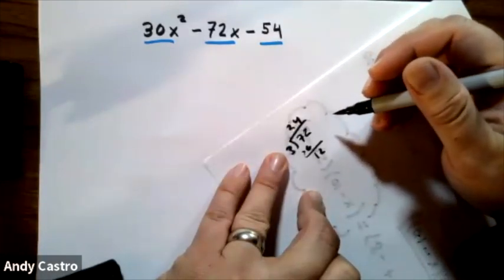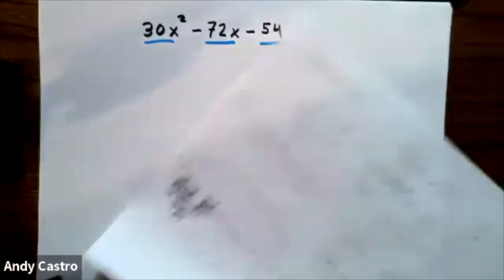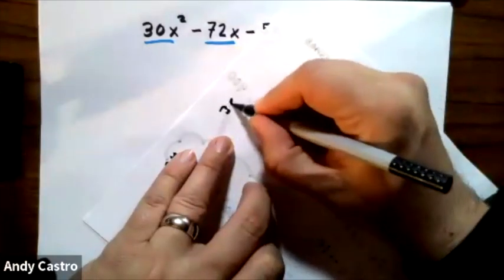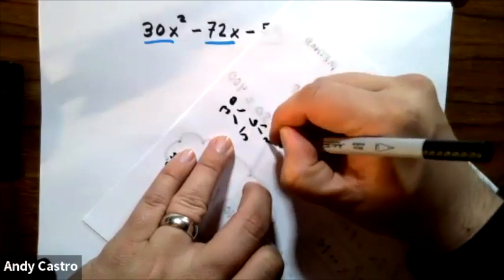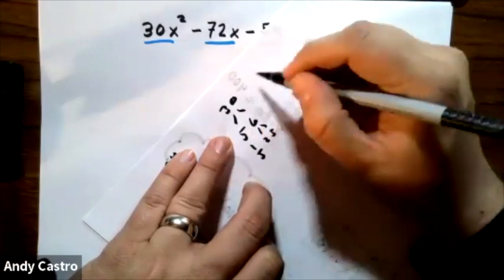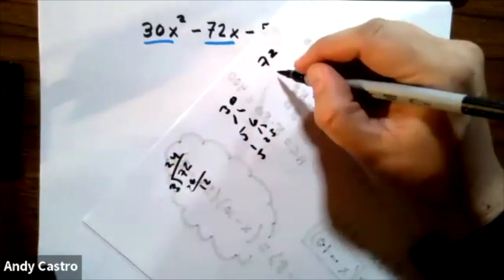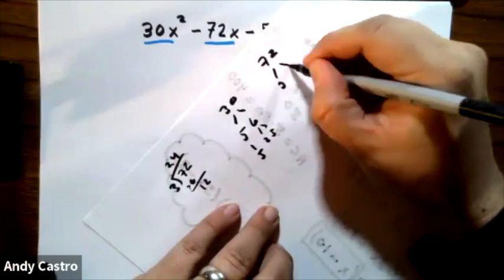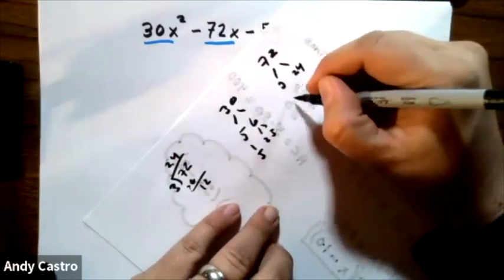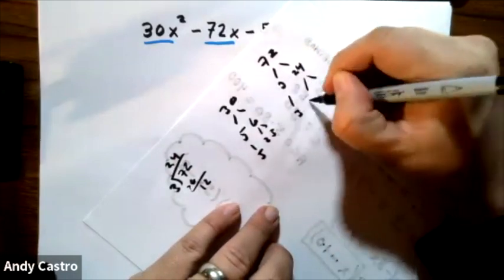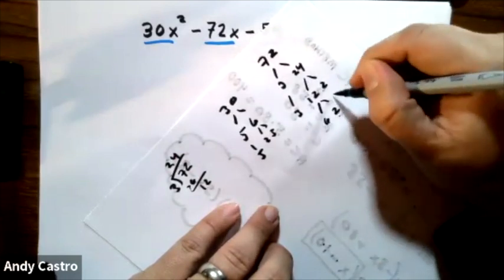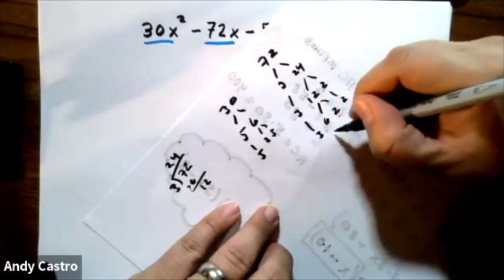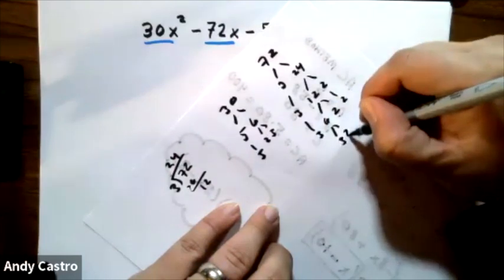I wonder if I could do more. Well, let me do this. 30 is 5 and 6, 2, 3. 72 is 3 and 24. 24 is 12 and 2. 12 is 6 and 2. And 6 is 3 and 2.